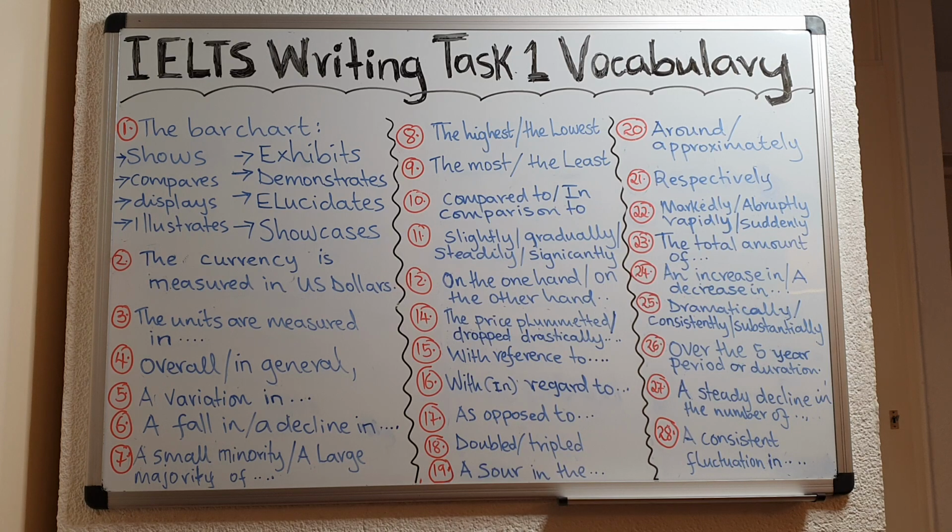Now, number 21, respectively. Now, respectively means consequently, okay? Let's say, for example, you want to write about the figures, and America has a 20% increase, and the United Kingdom has a 30% increase.